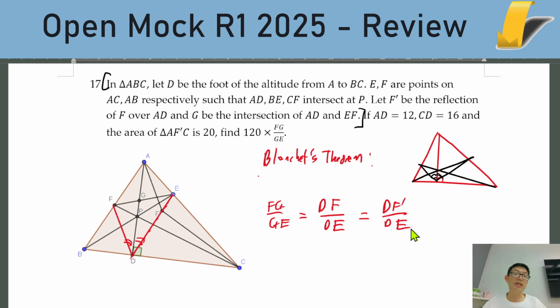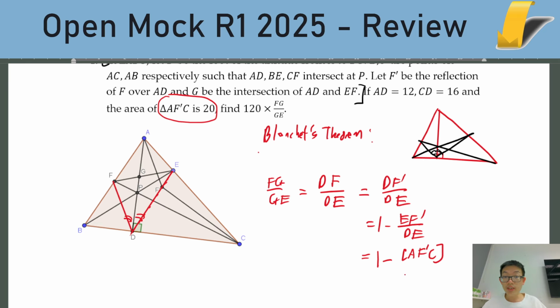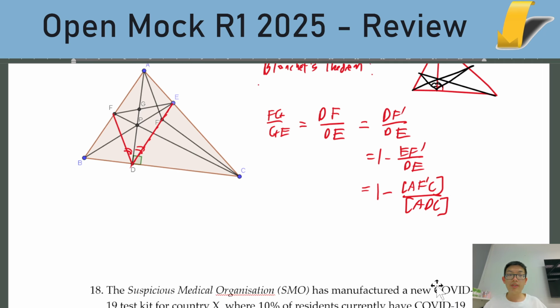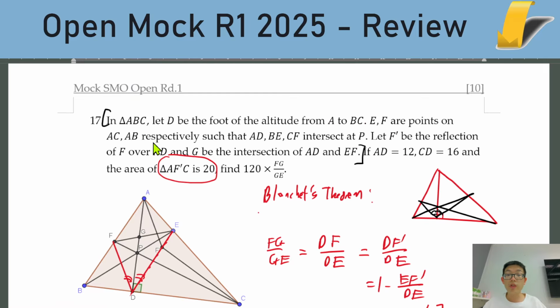And that's when you realize that's related to area. Because DF prime to DE is 1 minus EF prime over DE, and EF prime over DE is just the fraction of the area occupied by this triangle AF prime C of the triangle ADC, which we know the area of the triangle ADC because we are given the lengths 12 and 16.